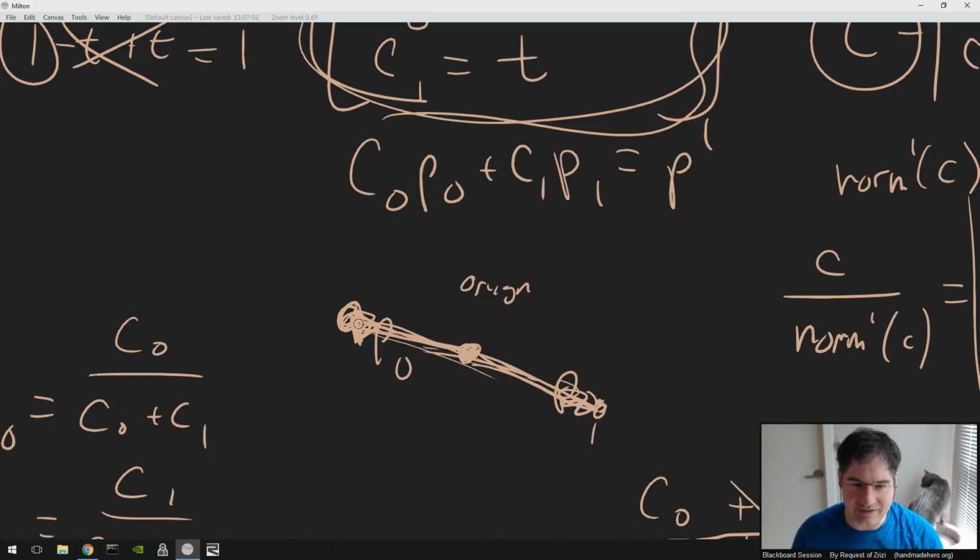So I head in this direction, I can only ever get out to P0 because I can't set it greater than 1 or I'd violate the one norm with P0. And when I'm heading out in this direction, I can never set P1's coefficient to anything higher than 1 because I'd violate the one norm there as well, right?